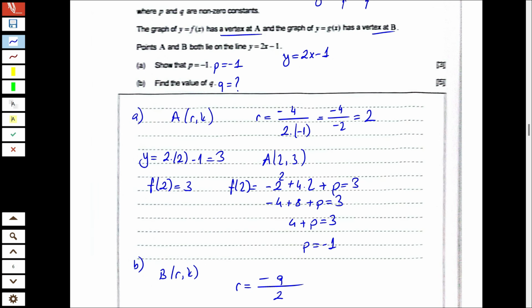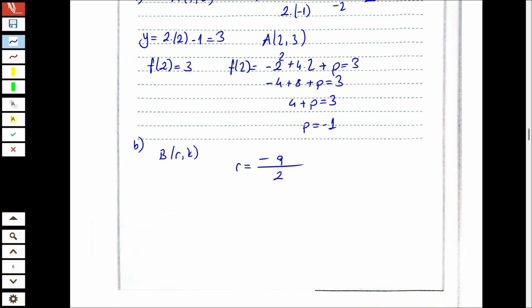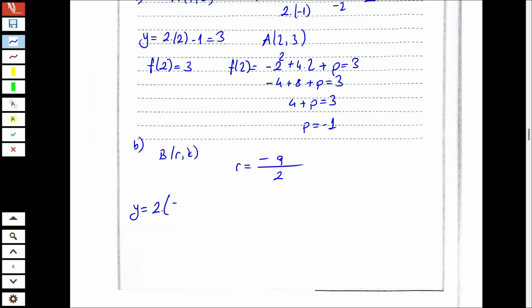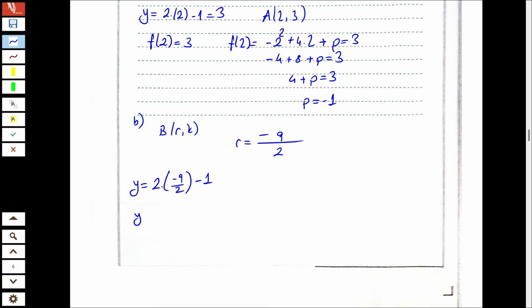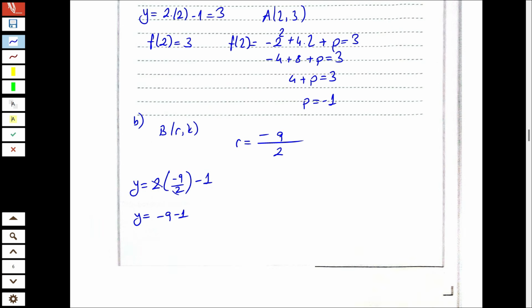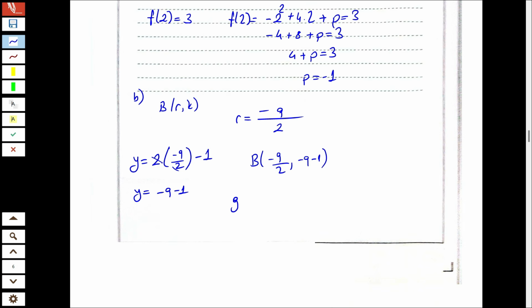We can also plug this point into the line equation, and y equals 2 times minus q over 2 minus 1, which will give us the value of y: minus q minus 1. We can also plug this into the function because the point B in this case will be minus q over 2 and minus q minus 1. So g of minus q over 2 will give us minus q minus 1.